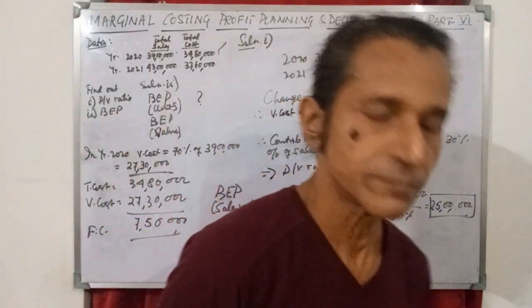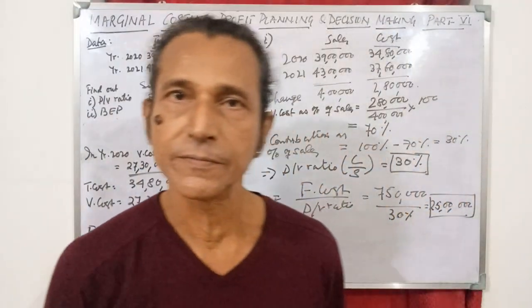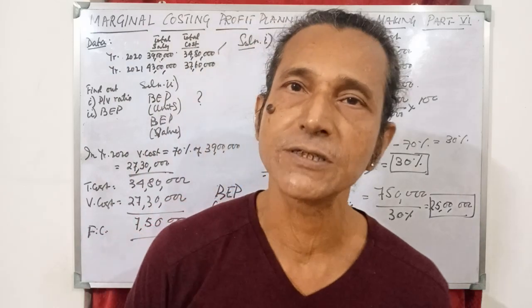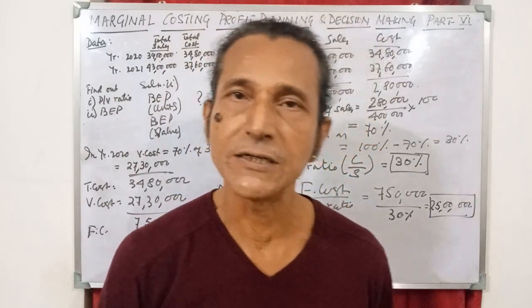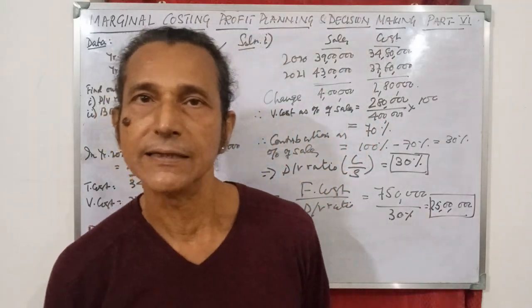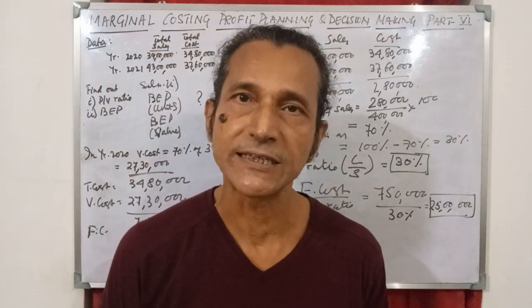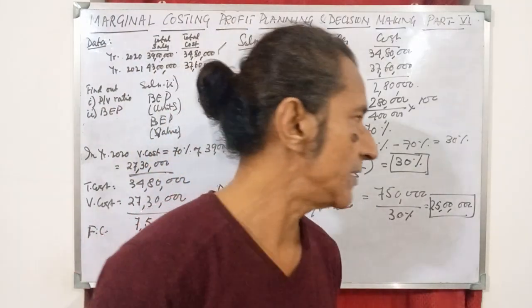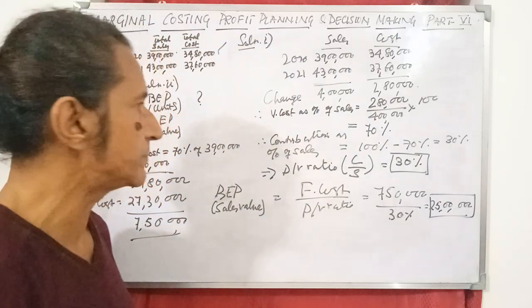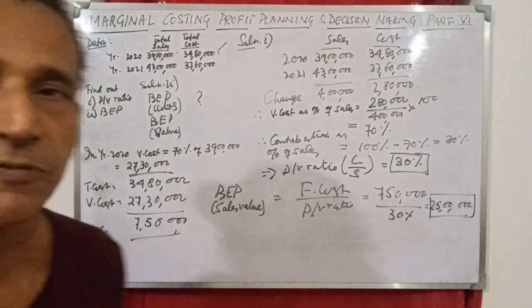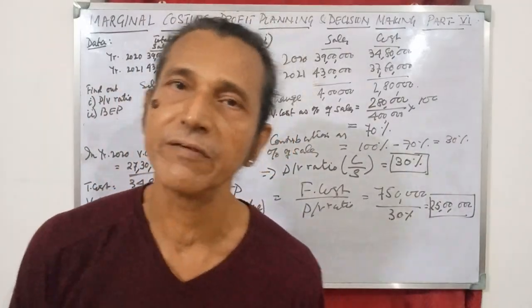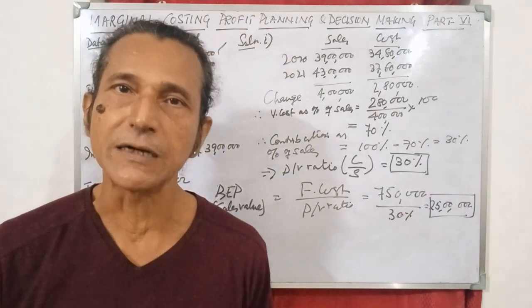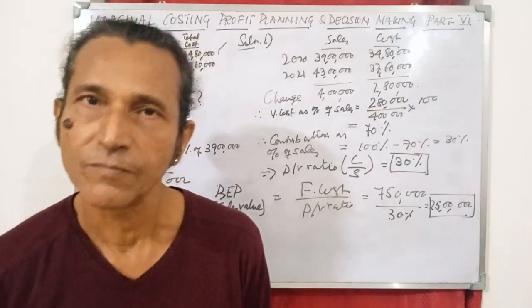And we know contribution and variable cost are complementary to each other, and they together make sales, that is 100%. So if variable cost is 50%, then contribution will be 50%. If variable cost is 60%, contribution will be 40%.